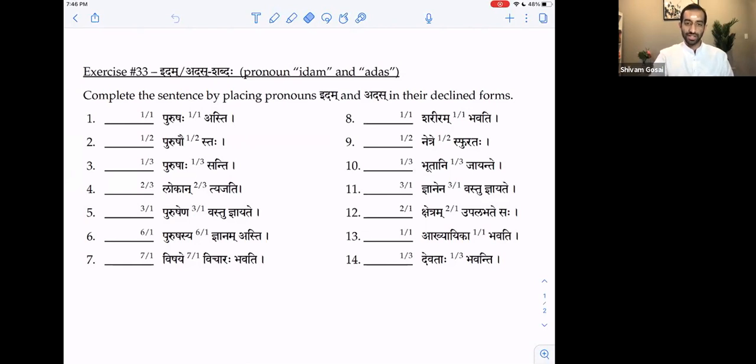Okay, let's look at the next one. It says devataha bhavanti. There's another example. Devataha bhavanti, 1, 3 feminine. Amuhu devataha bhavanti. That first case we should get solid.